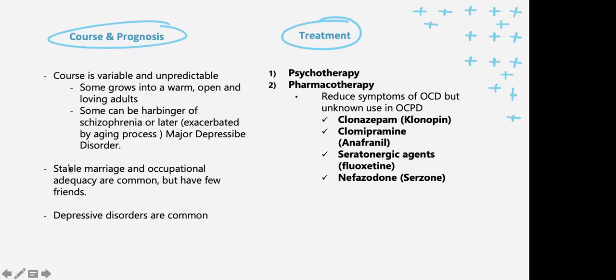Although they have a stable marriage and occupational adequacy, they have few friends, and depressive disorder is common among them. Treatment includes first psychotherapy and pharmacotherapy, but there's a debate about pharmacotherapy because this drug is known to reduce symptoms of OCD, but has unknown use in OCPD.